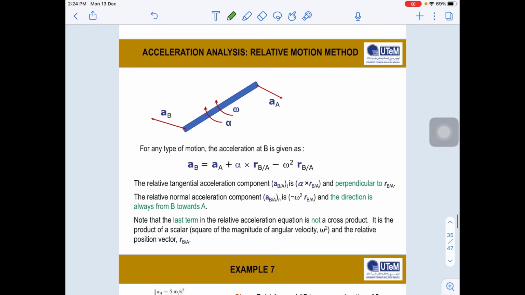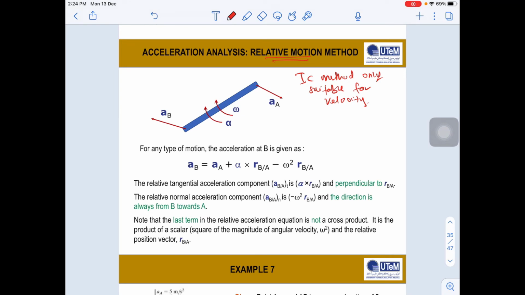Right, and now acceleration analysis. So we know that IC method, ICV method only suitable for velocity. Okay, so for acceleration you have no choice, you must use relative motion method.